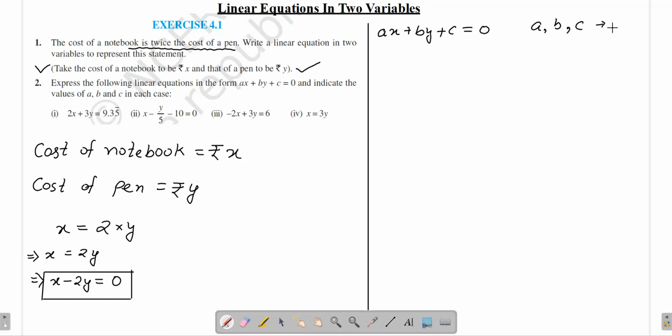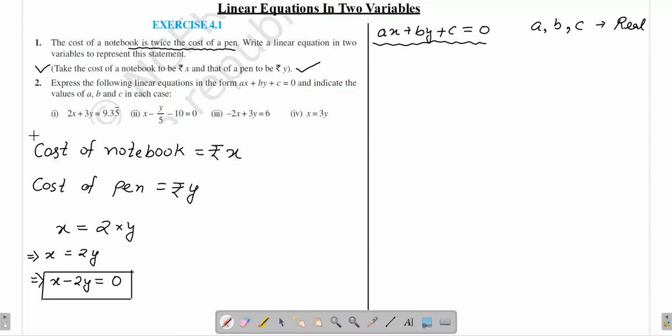They are not variables. Just to write it in standard form, we write it like this. So they all are constants. You can say that they all belong to real numbers.